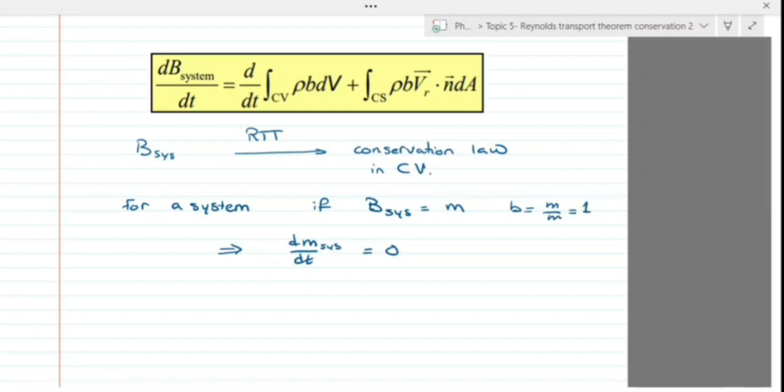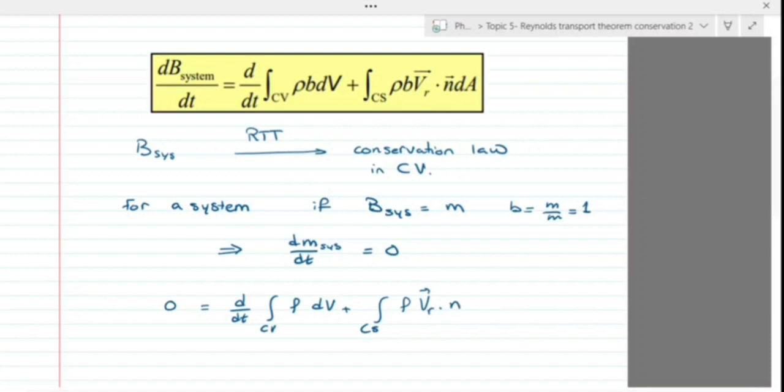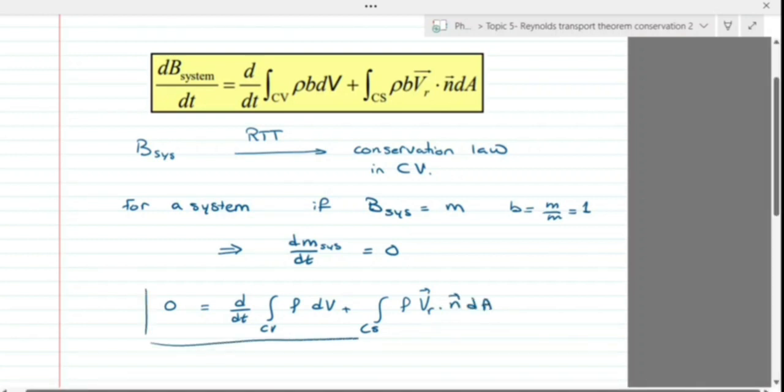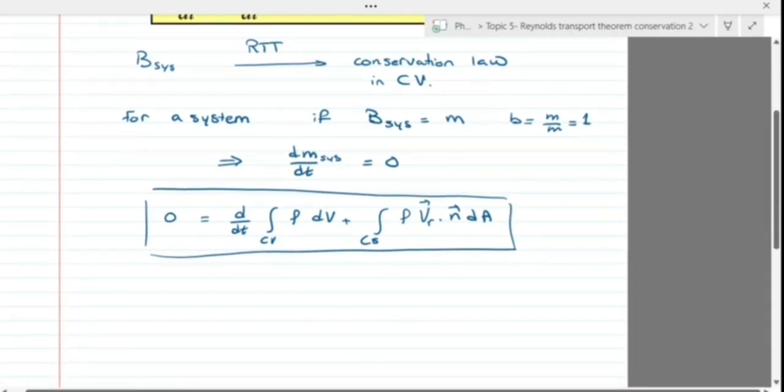So substituting this into Reynolds transport equation gives us 0 equals d by dt integral over the control volume of rho times 1 for small b dV plus an integral over the control surface of rho vr dot n dA. This is our conservation law for a control volume for the mass.